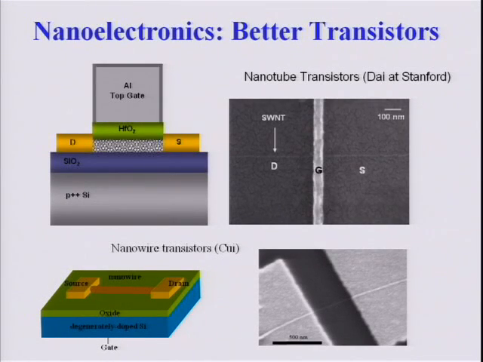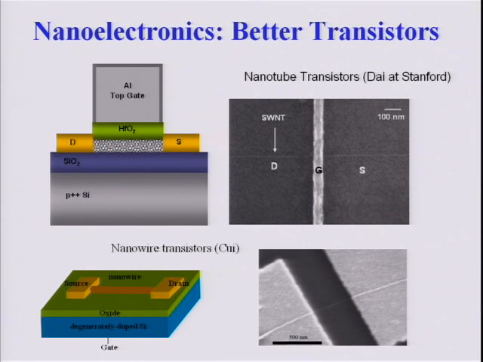Now for better and faster transistors, people have been demonstrating using carbon nanotubes. One of my colleagues at Stanford University, Hongjie Dai, in Stanford Chemistry, has shown that using carbon nanotubes, you can produce transistors which are way better than the transistors Intel can make.